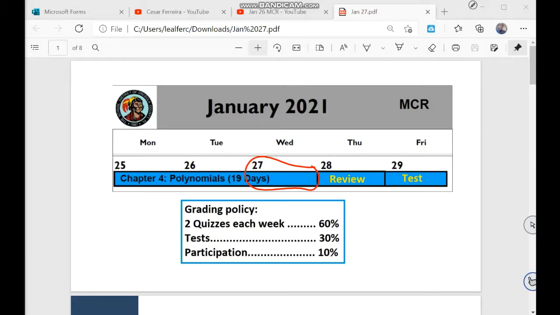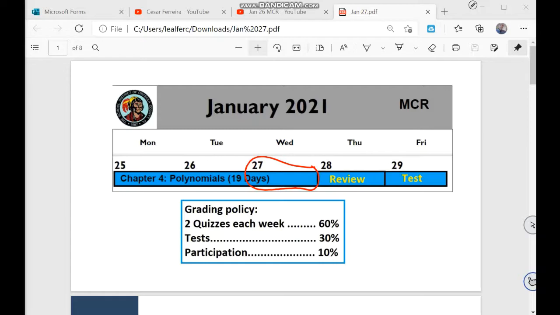I will not be able to help you with questions from the tests. It's up to you, you have to solve them by yourself, but I can help you with the questions from the review. And if you find a similar question, I can help you out with this, solving a question from the review that maybe you're going to be able to apply the knowledge on the test as well.